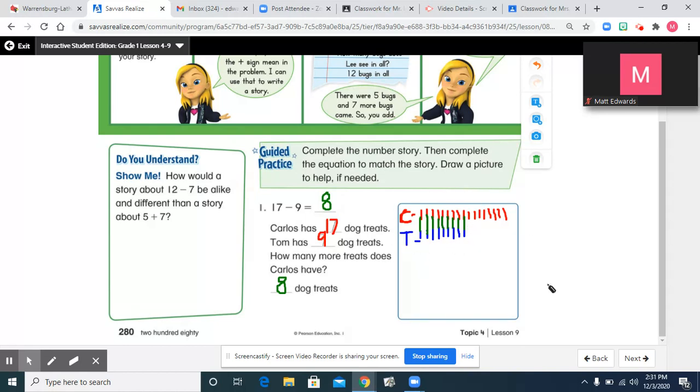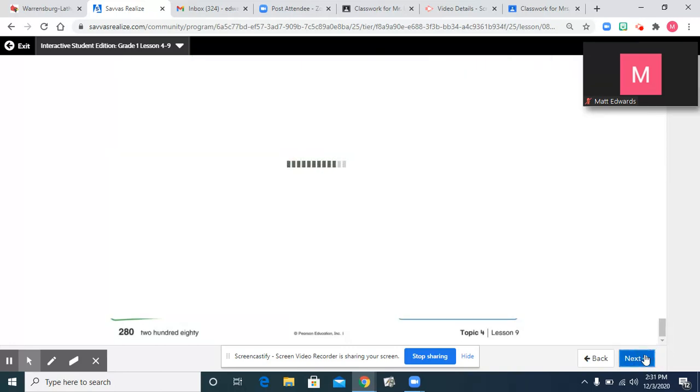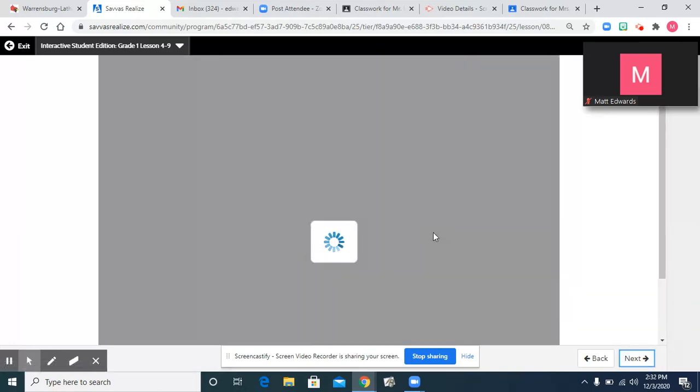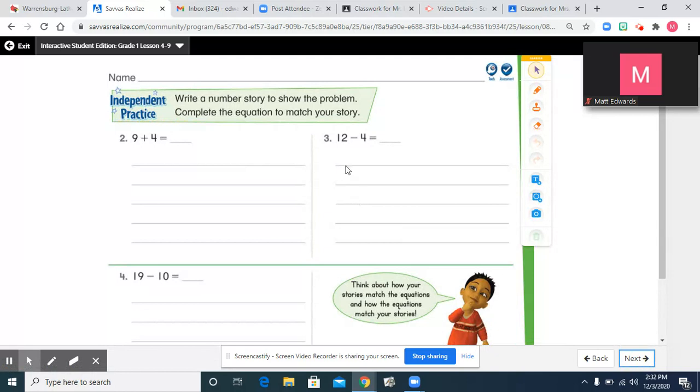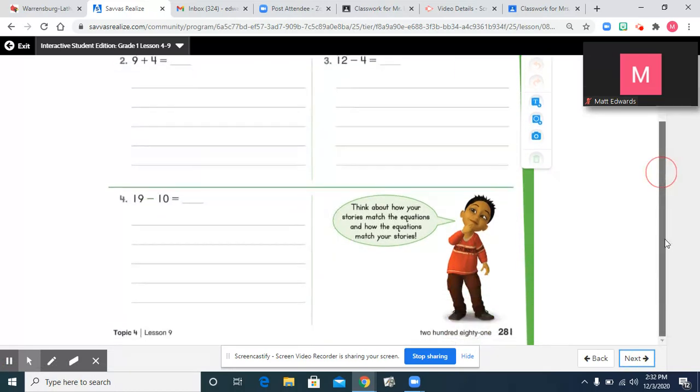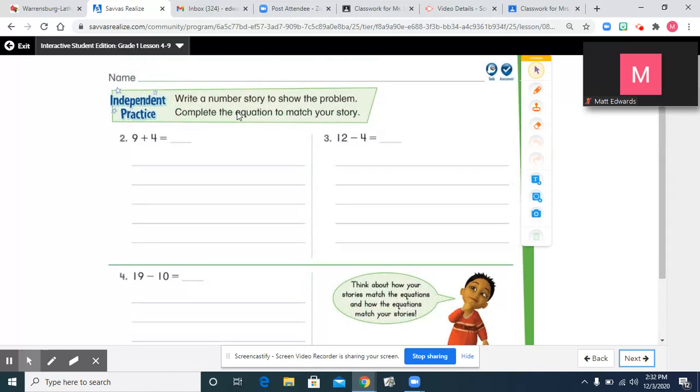Okay? Now, if you look at the next page, you will be doing numbers 2, 3, and 4 on your own. Now it says write a number story to show the problem, complete the equation to match your story. Now there's an example on the page before of a story problem that they wrote.